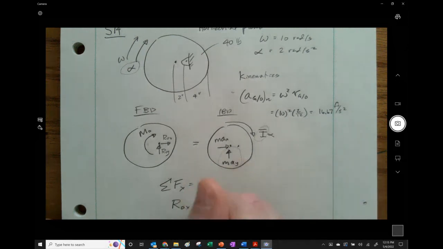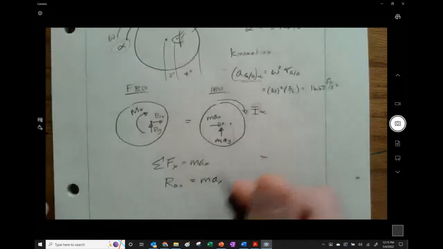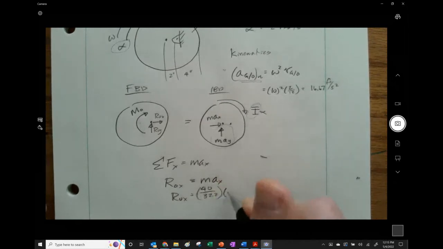Excuse me, it has to be equal. Right hand side, MAX, which we happen to know is aligned with this right here. So we could go that Rox is going to be the mass, which is 40 over 32.2 times 16.67.